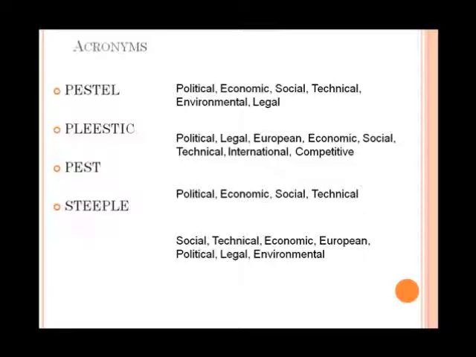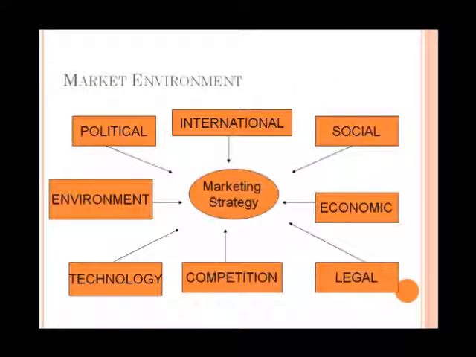So what you are doing for your marketing environment is obviously a PEST analysis. So you look at your political, economic, social and technological environment and how this affects your chosen organization. So this means that your marketing strategy is actually influenced by all these factors, as you can see in this beautiful chart. So what happens if government legislation changed?